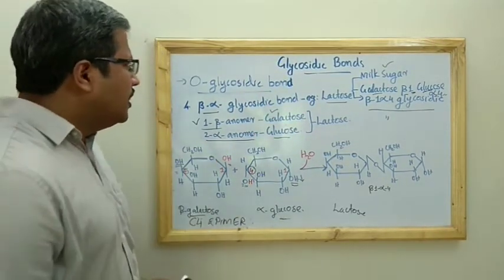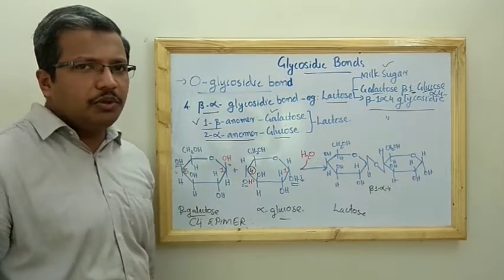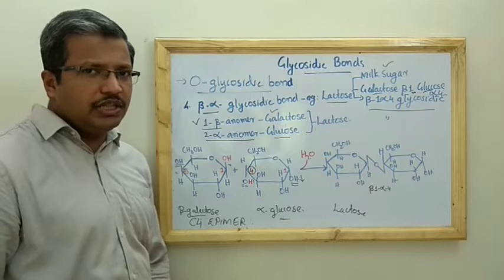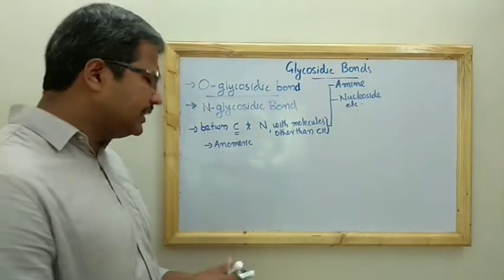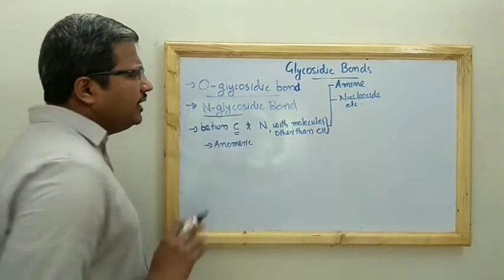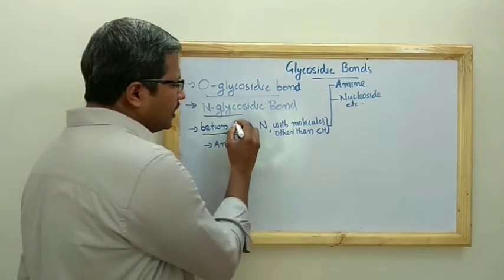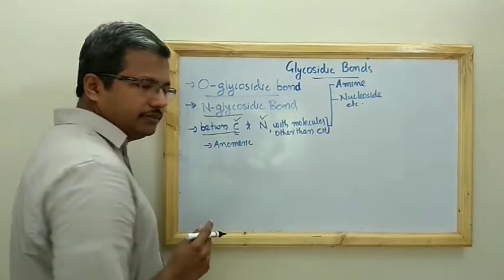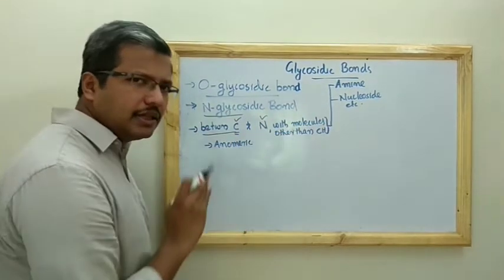Okay, now we are moving to the second type of glycosidic bond, the N-glycosidic bond. In the N-glycosidic bond, the bond will be between carbon and nitrogen, and mostly it will be with molecules other than carbohydrate.